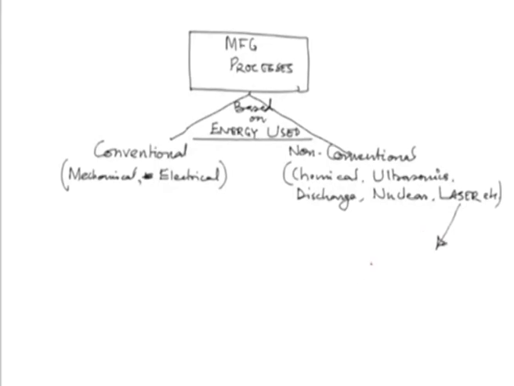To make small diameter holes, this laser beam machining, also called LBM, is very frequently used. So, this falls under the category of a not very conventional mode of energy.